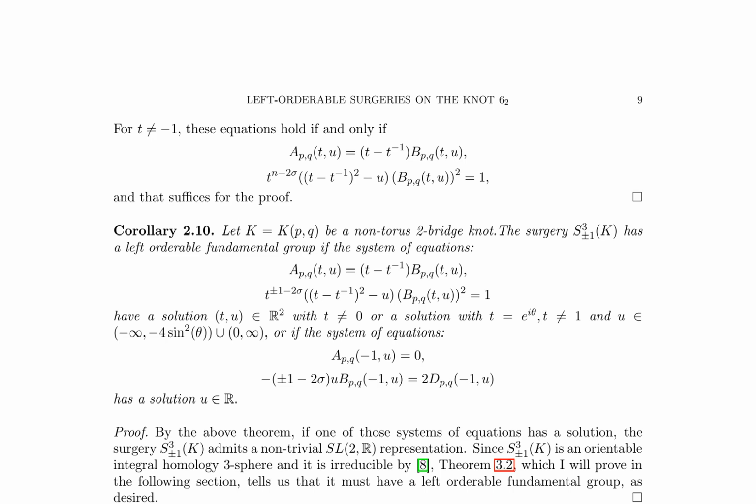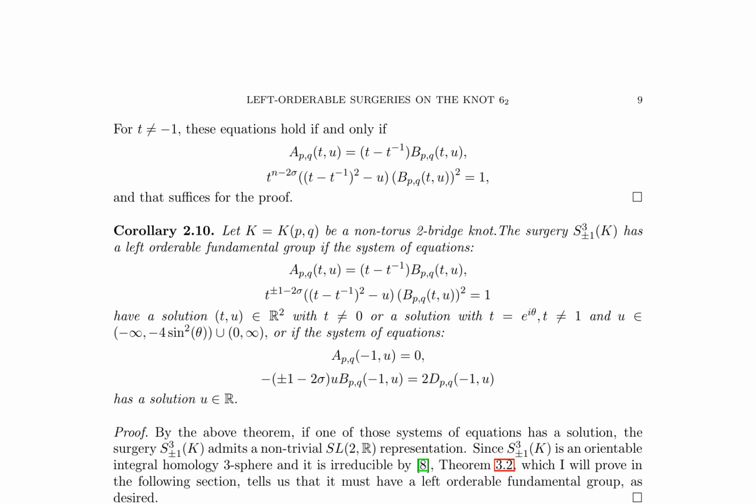has a left-orderable fundamental group if a system of equations involving A_{p,q}(t,u), B_{p,q}(t,u), and D_{p,q}(t,u) has a solution in R^2.